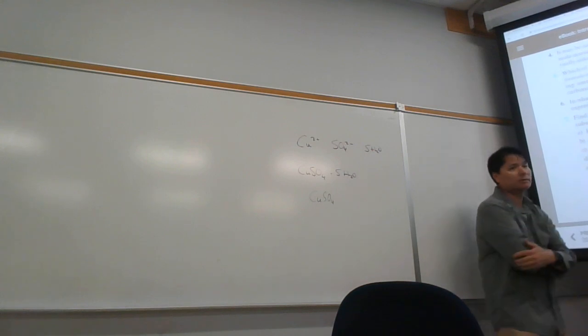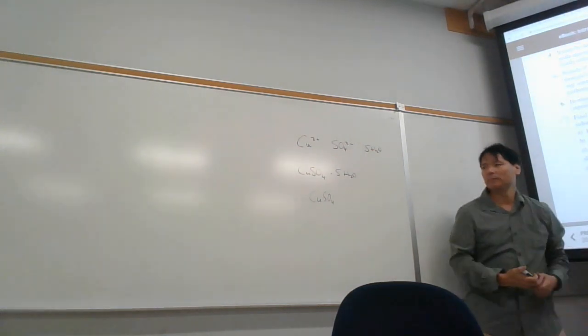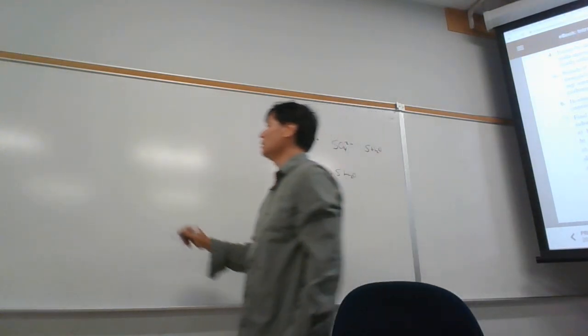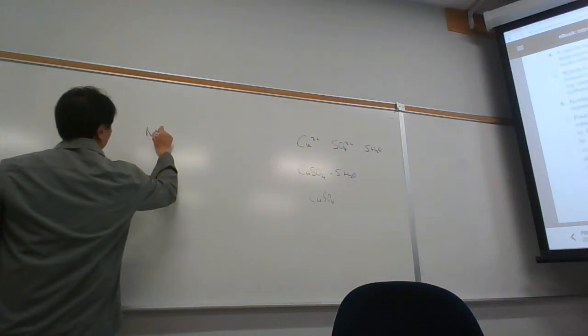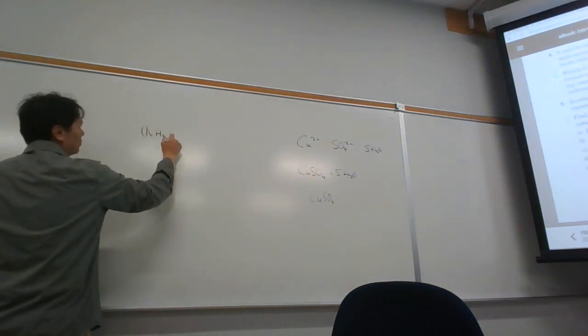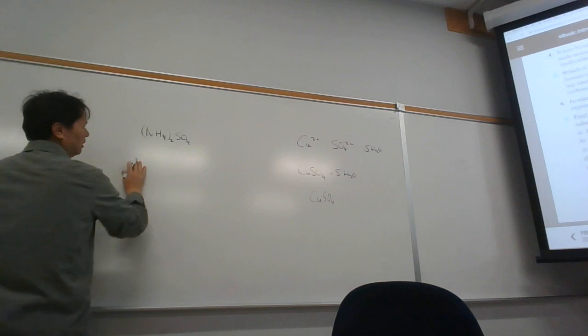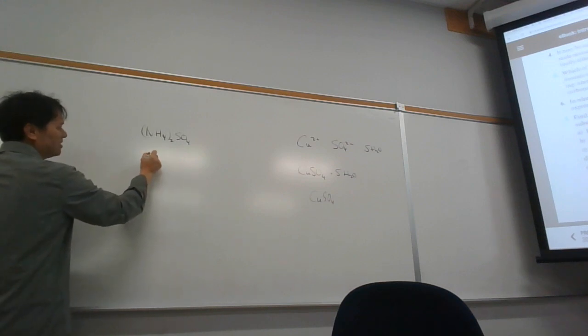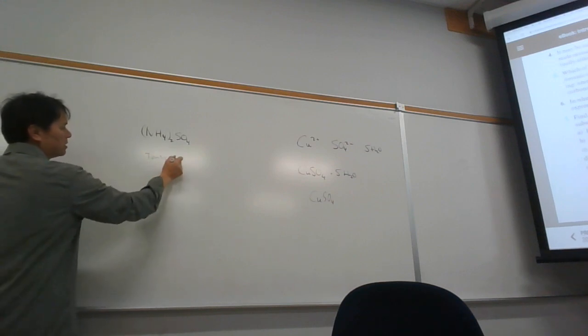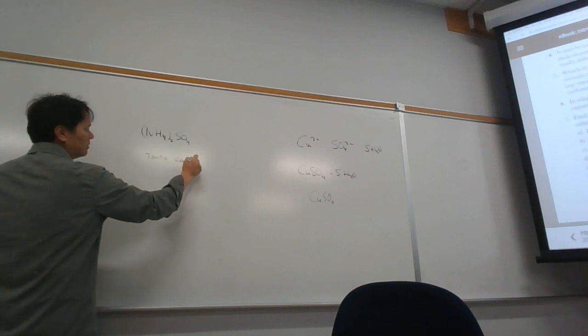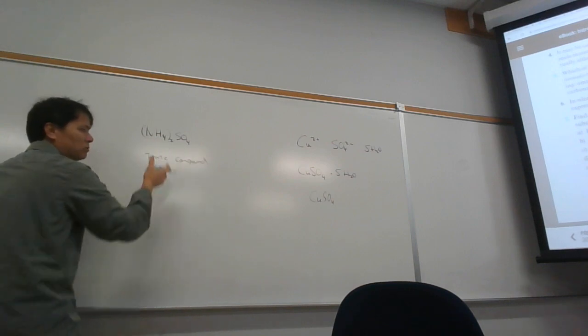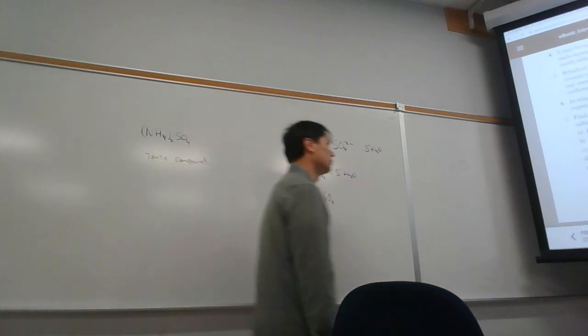Ammonium sulfate. Now ammonium sulfate is all non-metals. It has this formula, (NH4)2SO4. It's made up of all non-metals, but this is an exception to the rule. This is an ionic compound because it consists of the ammonium ion and the sulfate ion, two ions that we're familiar with.